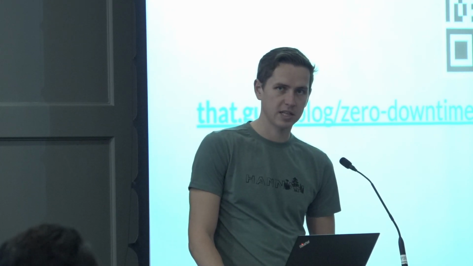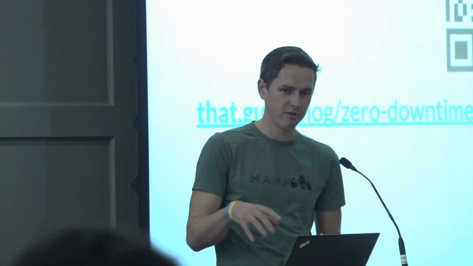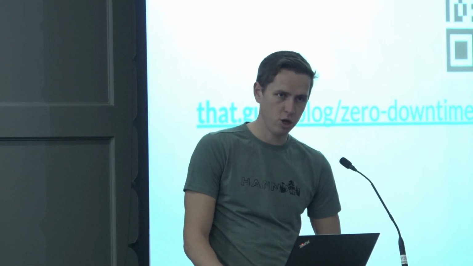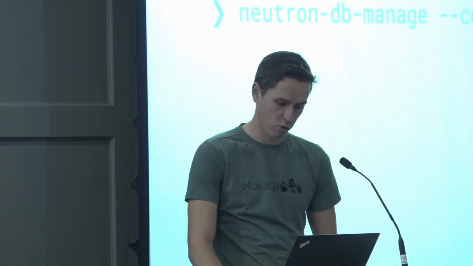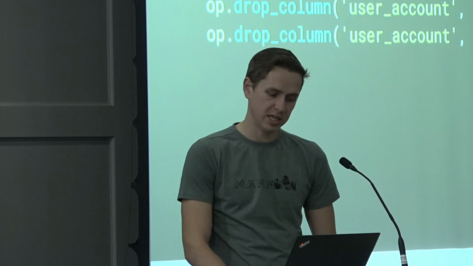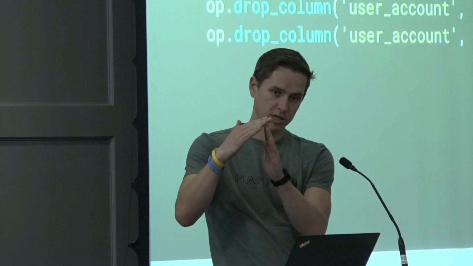So a thing that, again, I'm going to talk about OpenStack projects, but it's not really relevant, it's just a good concrete example. A thing that the Neutron networking project did was, if we go way back to a sample migration, you'll see this down revision. If you're on the expand branch and you specify that down revision as something on the contract branch, you'll basically remerge this thing back in.